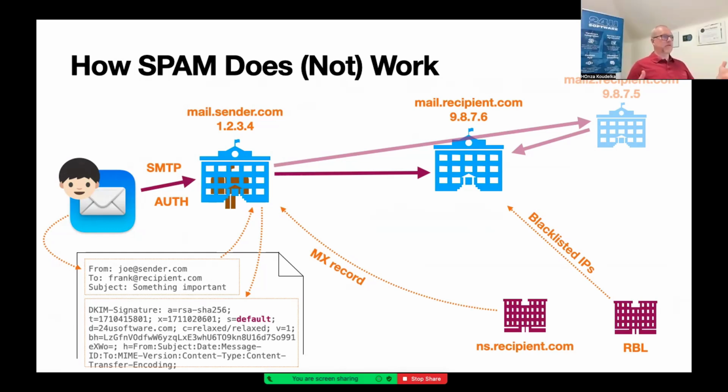So, back to how an email server accepts email. At the moment the mail sender contacts the recipient mail server, even prior to telling it, "Hey, this is me, I want to send email to you," the first thing it does is look up the blacklists and check: is that mail server's IP on the blacklist?